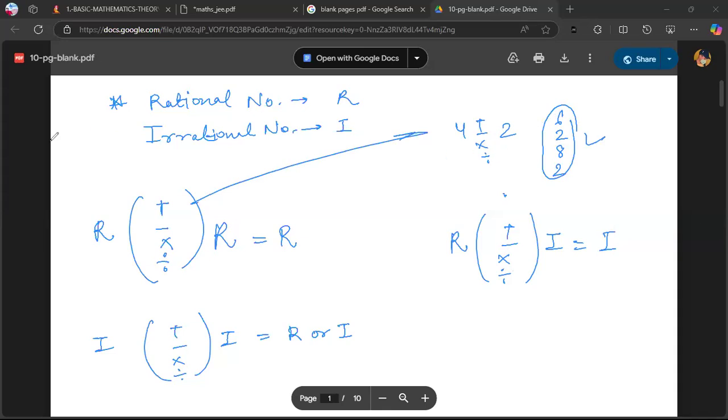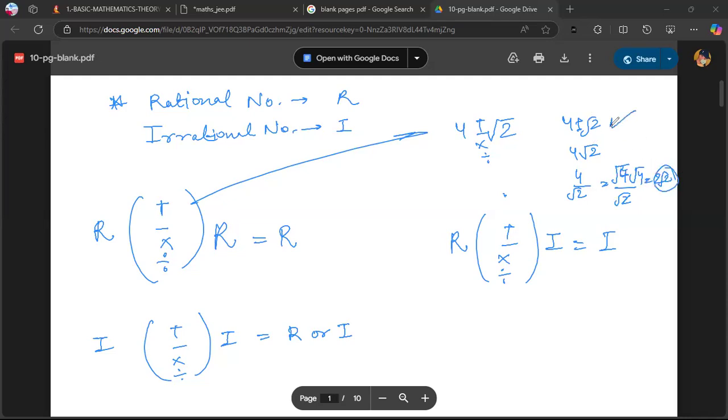Yes, sir. And if we take an irrational number like root 2, this is the irrational number, right? Now plus will be 4 plus root 2, minus will be 4 minus root 2, multiplication will be 4 root 2, division will be 4 upon root 2, which is root 4 into root 4 divided by root 2, so it will be 2 root 2, right?